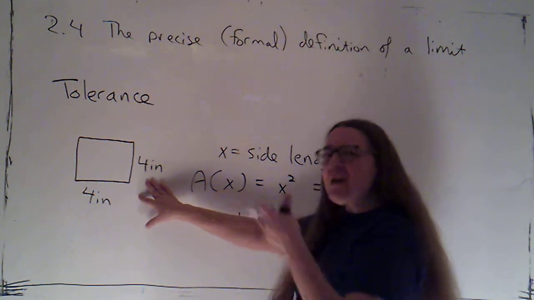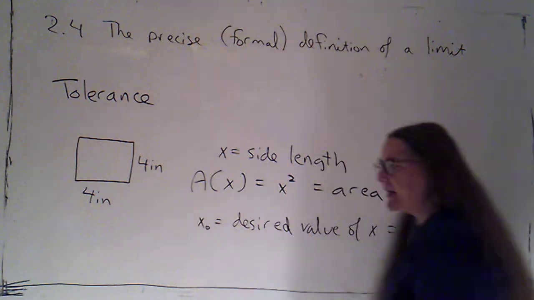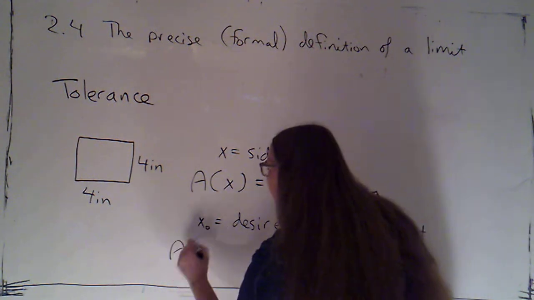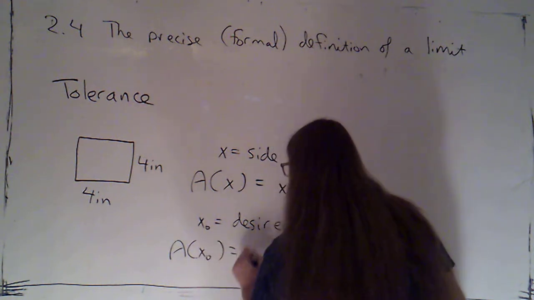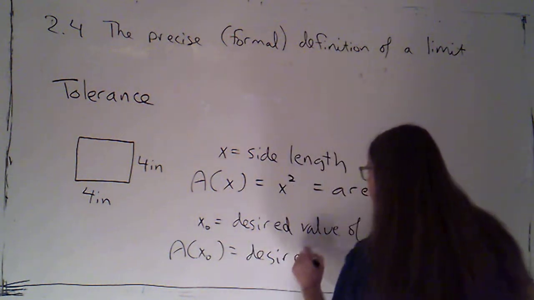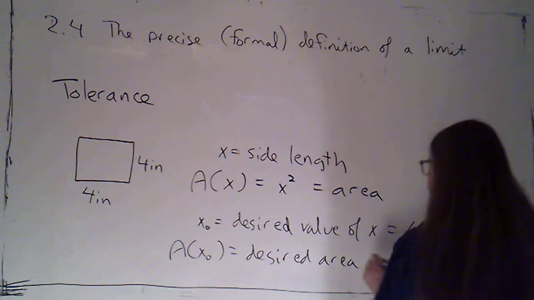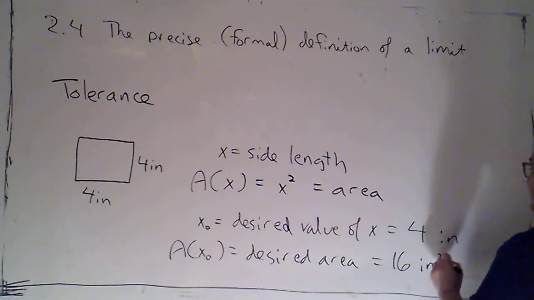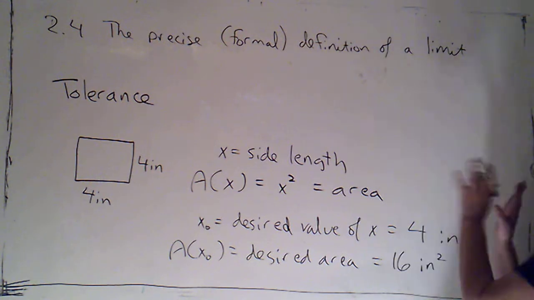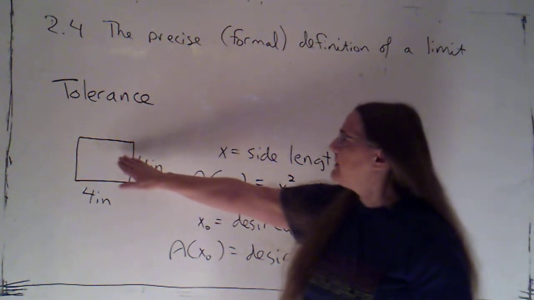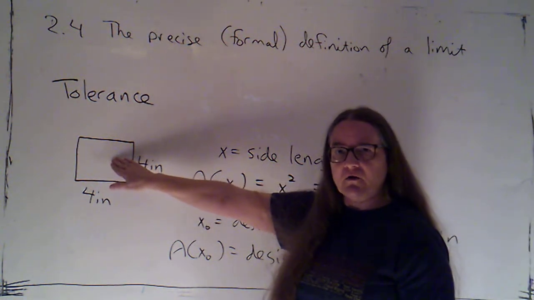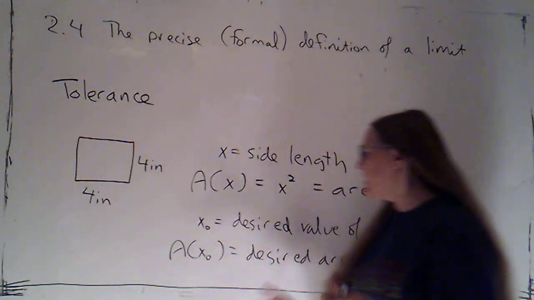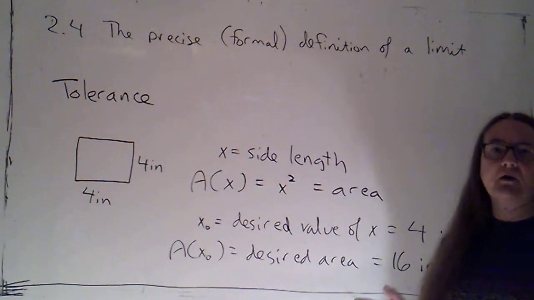And I could be off by a little bit. I also know that A of X naught, this would be my desired area, and that would be 16. So the 4 would be inches, the 16 would be square inches. So I'm aiming to get these square coasters that have an area of 16 square inches.